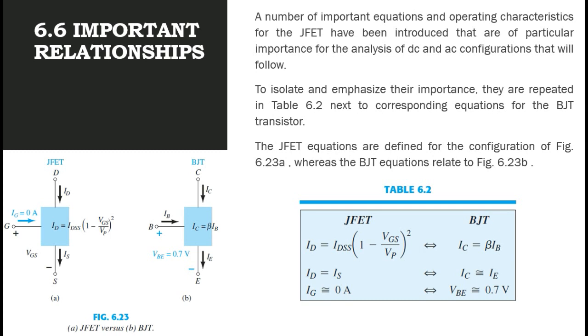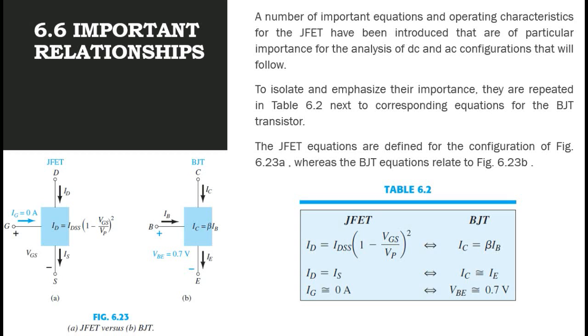In topic 6.6, some important relationships are discussed here. A number of important equations and operating characteristics for JFET have been introduced in this section. To isolate and emphasize their importance, they are repeated in table 6.2.